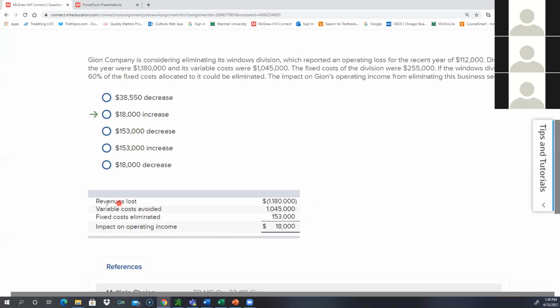So if you close it, you will lose the revenue, but you will also get rid of these costs, right? Yep. I understand it now. So that's why it will decrease the income by 18,000, because I was just confusing the 60 and 40%. I was using the 40% instead of the 60%.